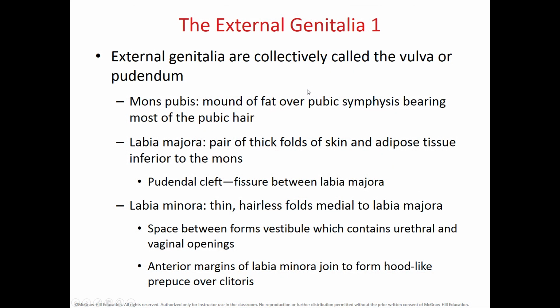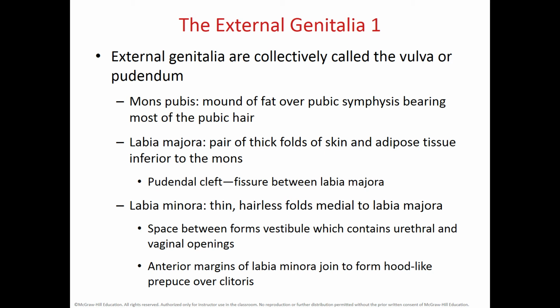Okay, so the external genitalia is the name for a series of structures that are located within the vulva or pudendum. So we have this structure within the anterior wall in the pubic area of our body that's called the mons pubis.